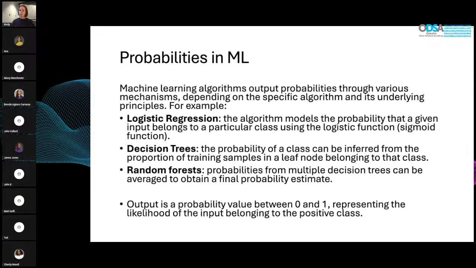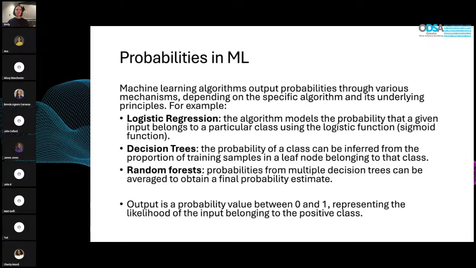Decision trees can also output a probability. They have a different mechanism to do that. The class can be inferred from the proportion of training samples in a leaf node. So if you have 10 leaf nodes and 1 training sample in each, maybe each of those represents a 0.1 probability. In random forest, which is a bunch of decision trees, maybe there are 100 trees, and each tree represents 1% of that probability vote.